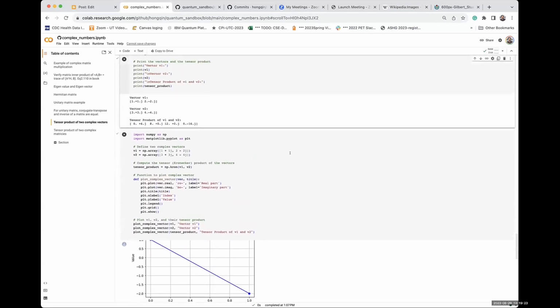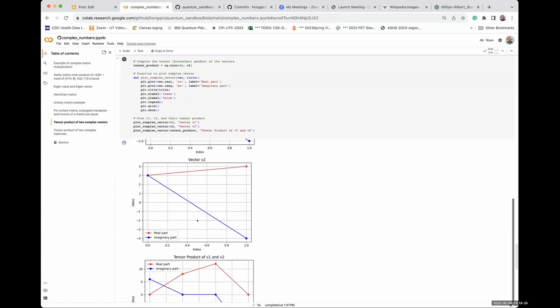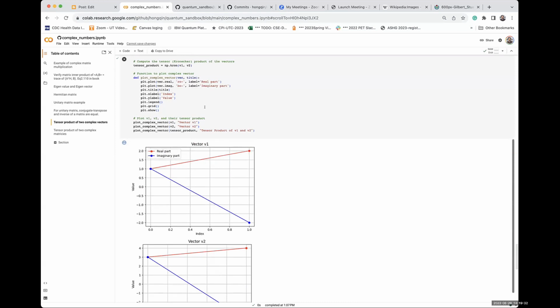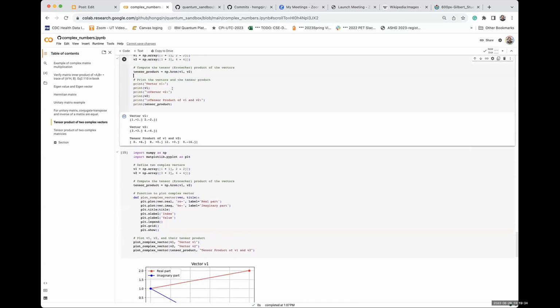Yes, that is correct. So it actually put the imaginary and real parts on the same vertical axis, just labeled by different color. So that's correct.